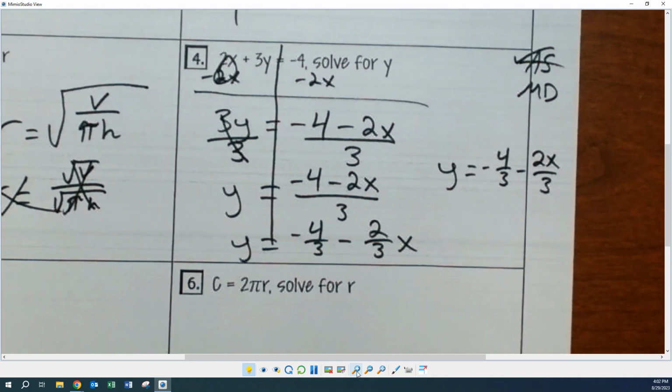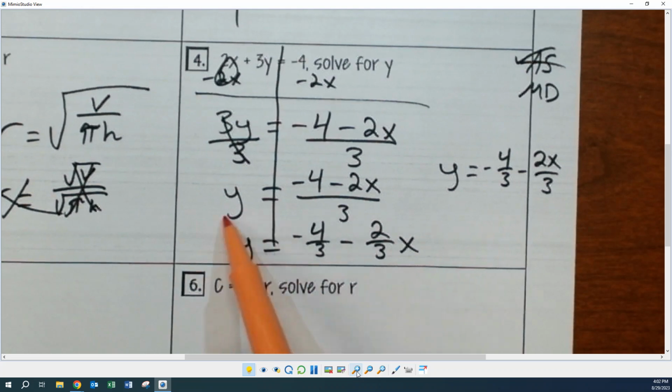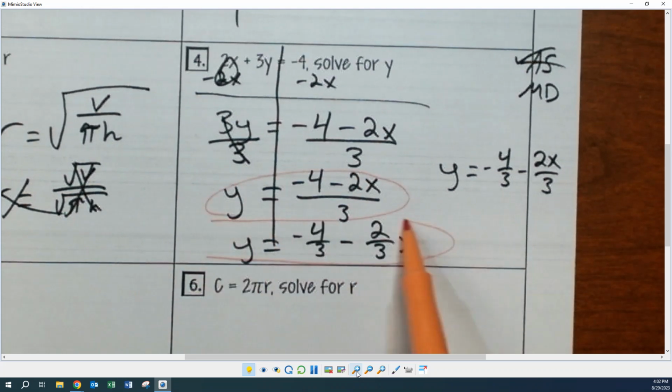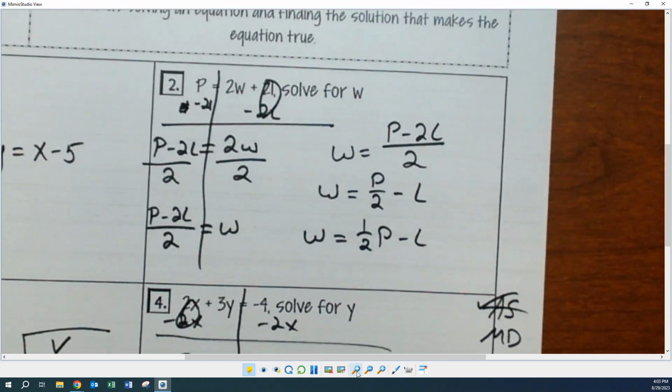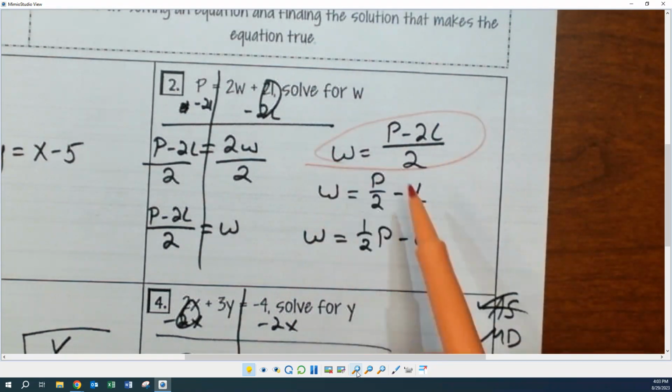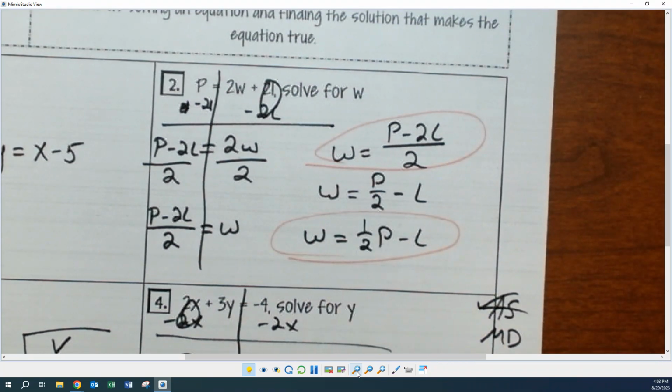That one's probably the least likely. The most likely ones would be this one and this one. Same thing up here. The most likely cases would be this one and this one.